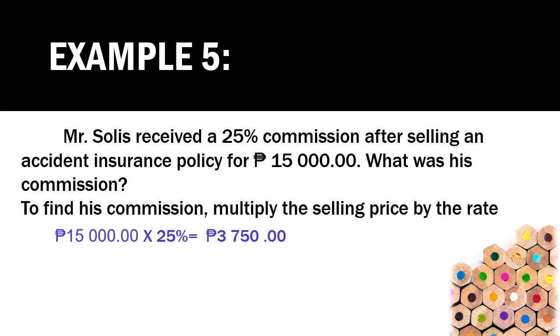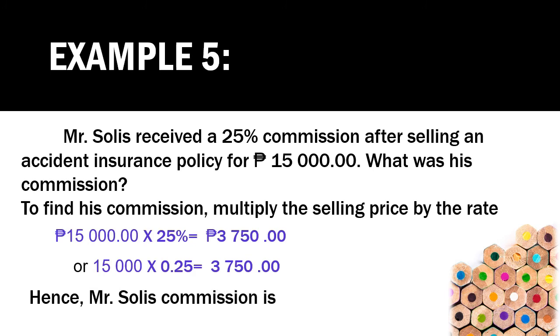That is 15,000 pesos times 25%, or we'll change this percent to decimal form, that is 0.25. The answer is 3,750 pesos. Hence, Mr. Solis' commission is 3,750 pesos.